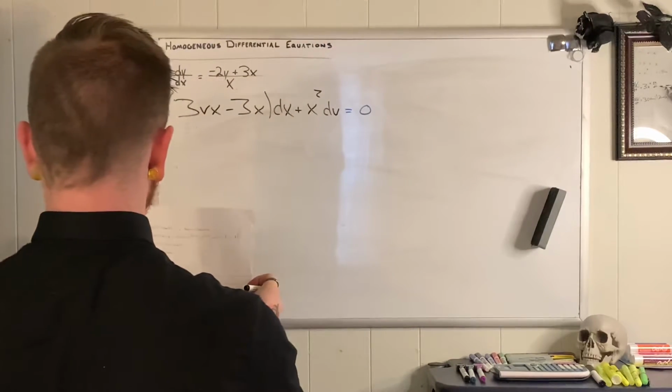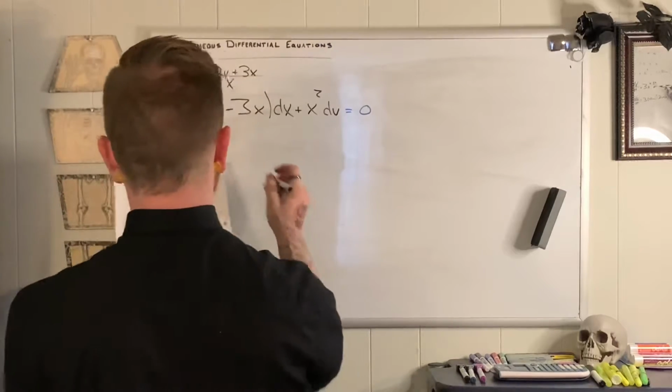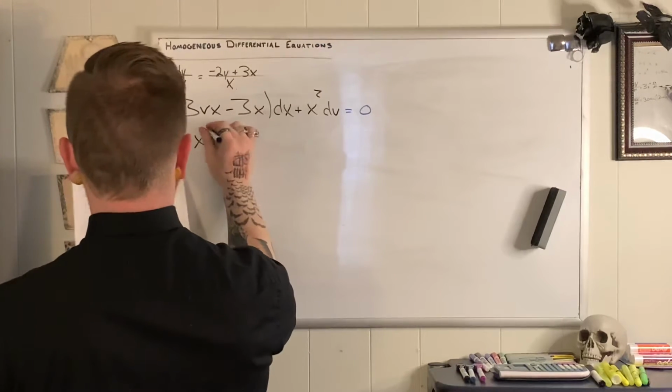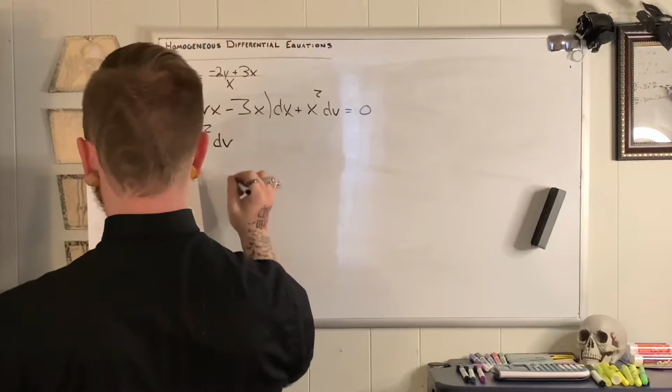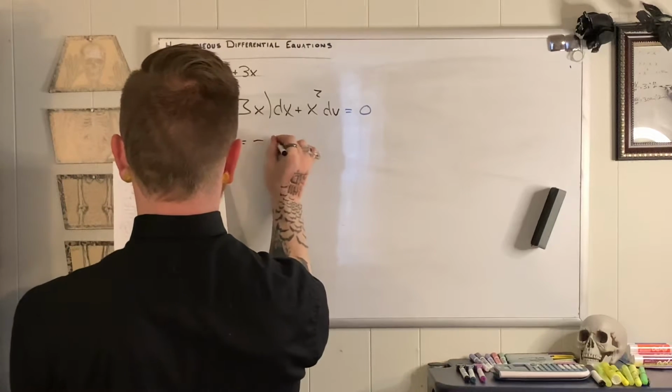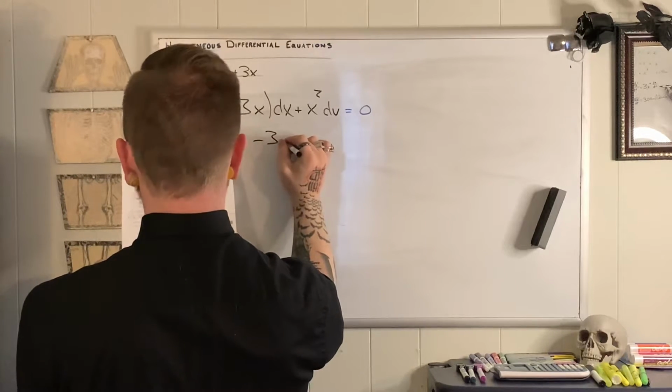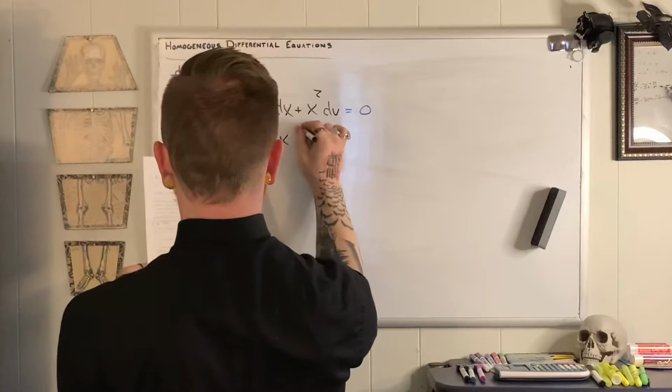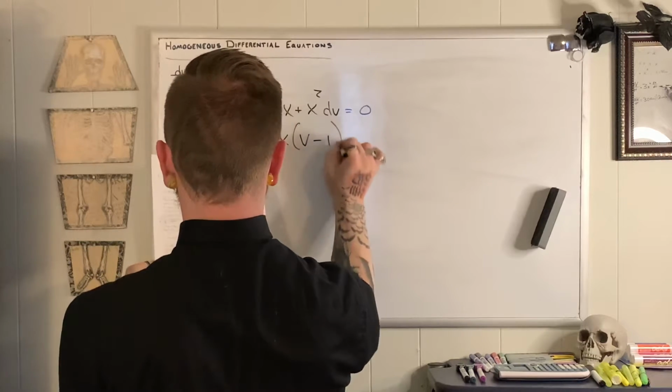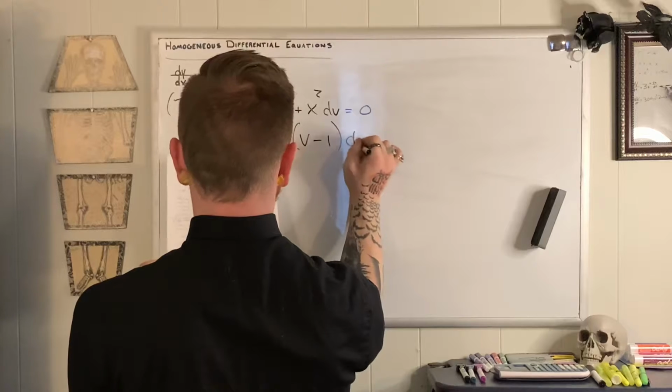Let's clean up this equation a little bit, and we'll separate our variables. We have x squared dv equals negative 3x times v minus 1 dx.